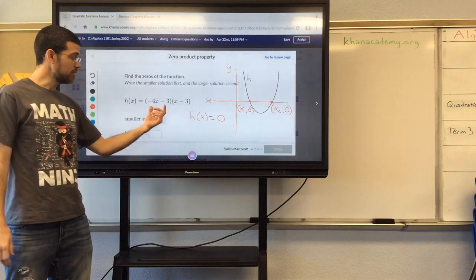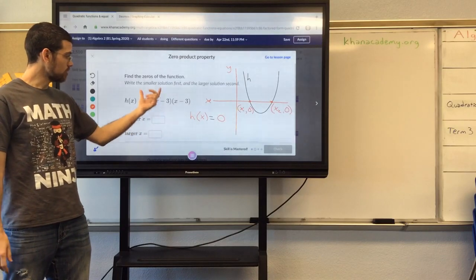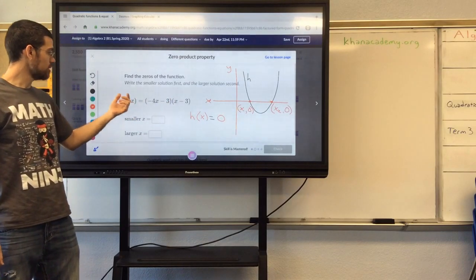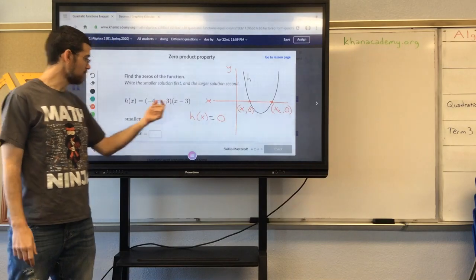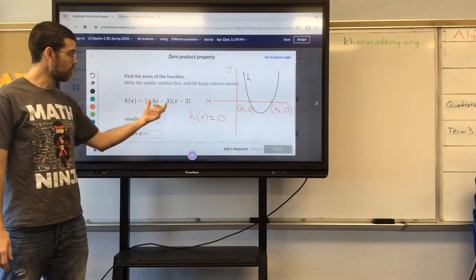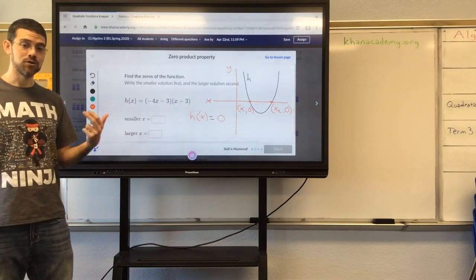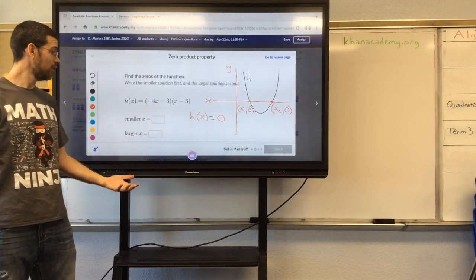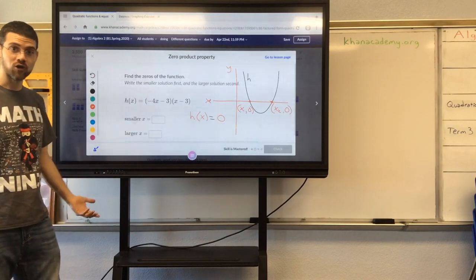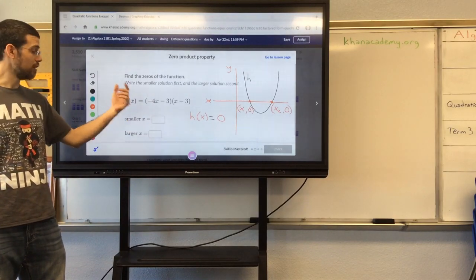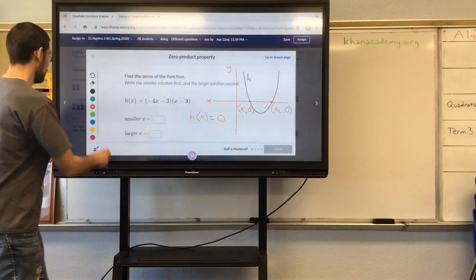Okay, well, this is in factored form, so something times something else must equal h of x. If h of x is equal to 0, then one of the two factors has to be 0. The only way to multiply two numbers and get a 0 as a result is to have at least one of those factors equal 0.